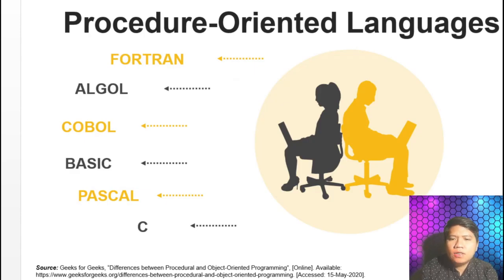What are some of the popular procedure-oriented programming languages? We have Fortran, Algol, COBOL, Basic, Pascal, and C. These are some of the procedure-oriented languages which see programming in the form of functions.